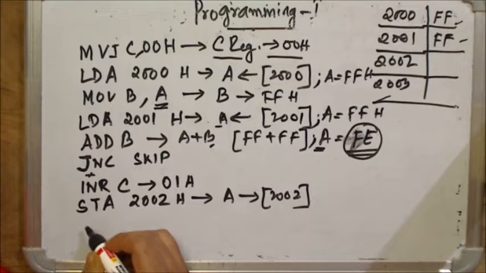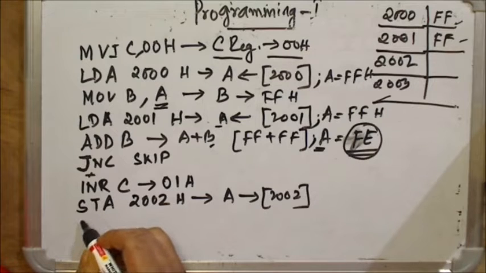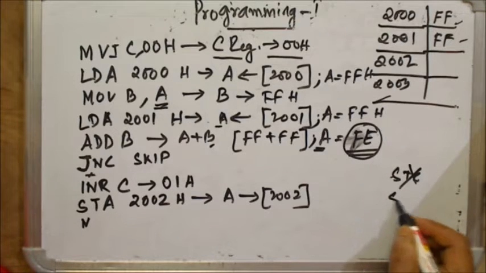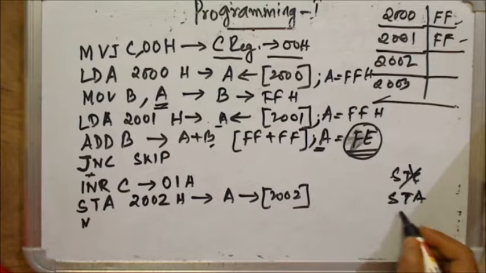Okay. Now where is our carry? In register C. We cannot write STC, right? We have only the instruction called STA.